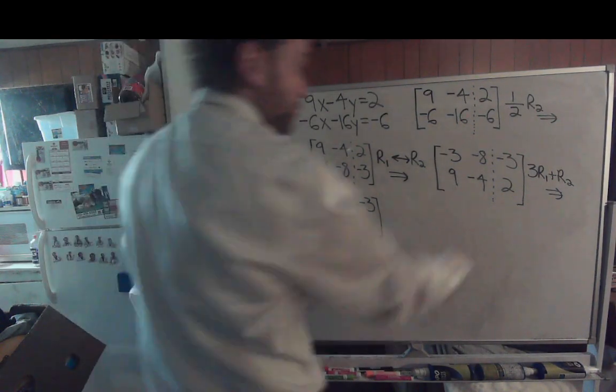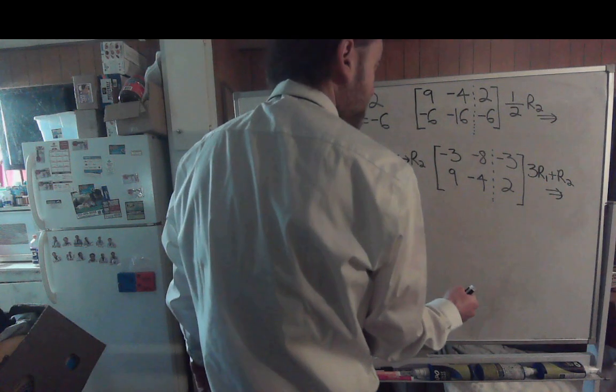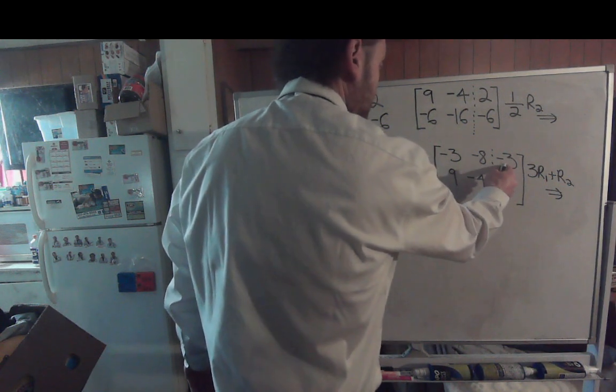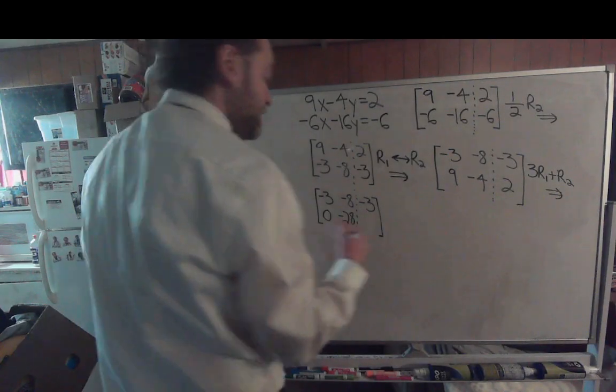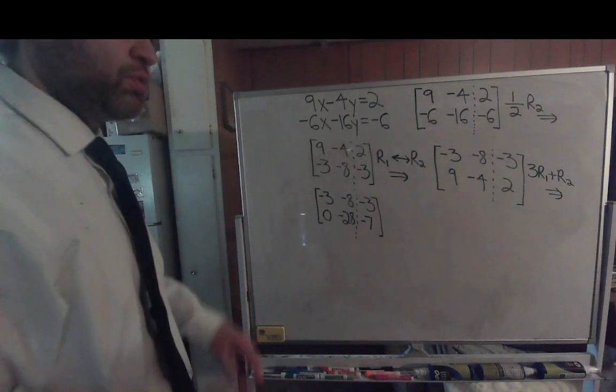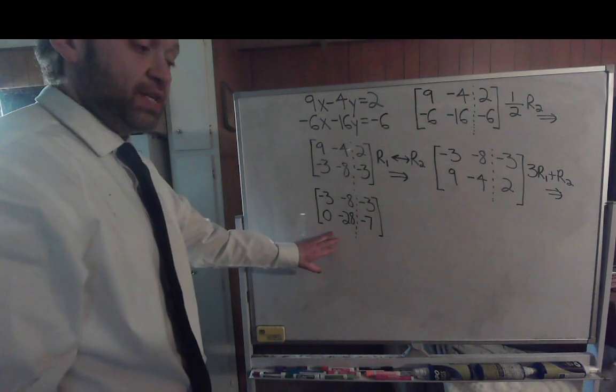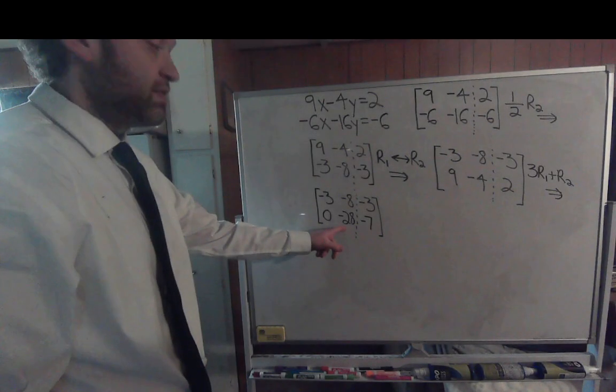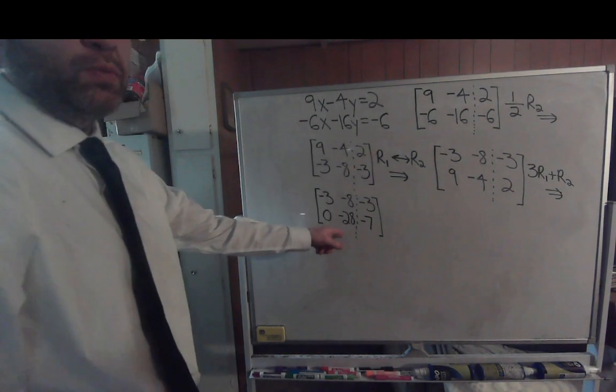And then 3 times -3 is going to be -9, plus 2 would be -7. Alright, so the first digit in row 2 is a 0, but the leading digit's a -28. That should be a positive 1.